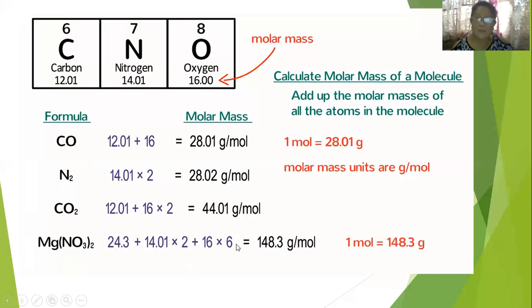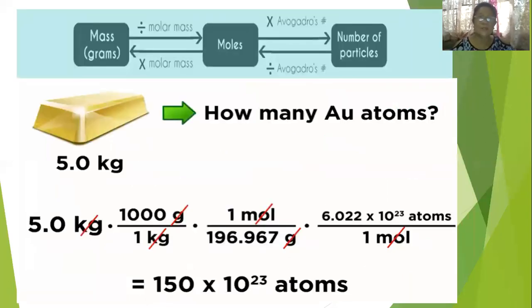Therefore, we come up with 148 grams per mole. Or we can have it here in 1 mole of magnesium nitrate. That is equivalent to 148.3 grams of magnesium nitrate. Okay, so our example is just the conversion of grams to mole and mole to gram.